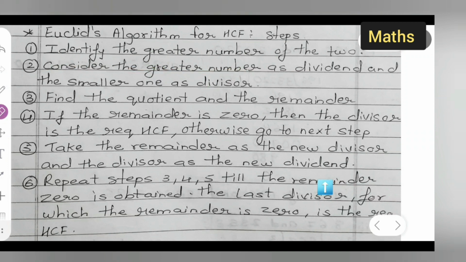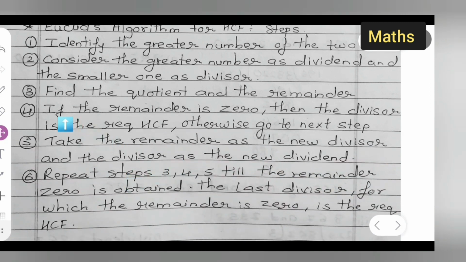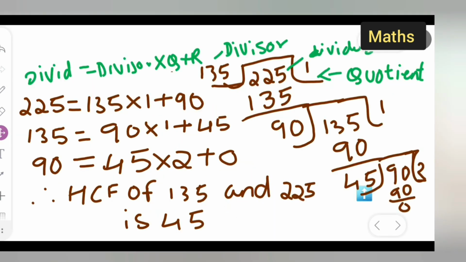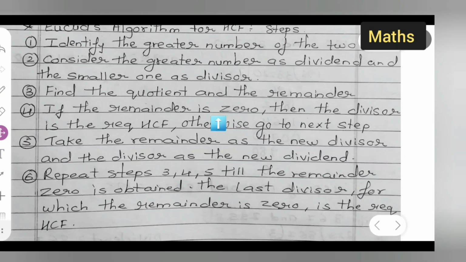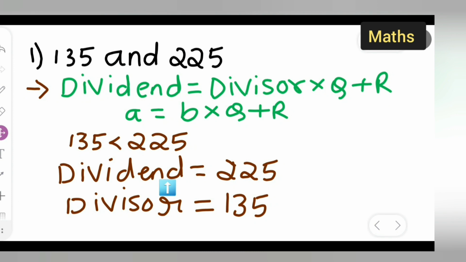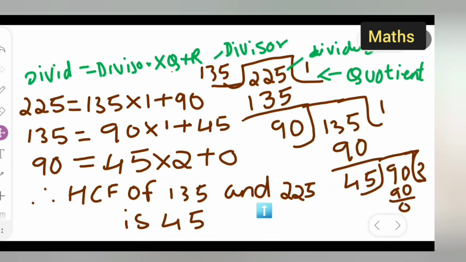Let me rub this so I can read the last part. Here, the fourth step: if the remainder is 0, then the divisor is the required HCF. So it says if the remainder is 0, then the divisor is your final HCF. So 45 will be your required HCF.